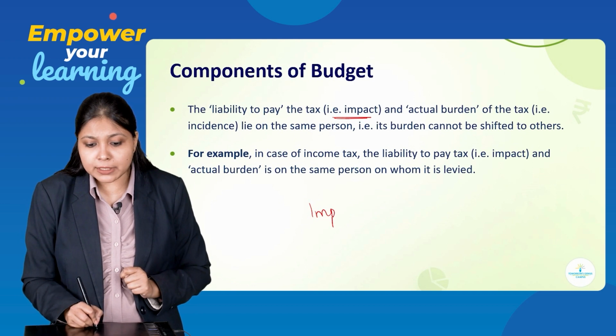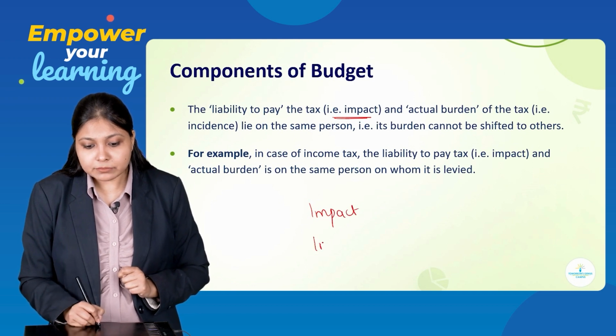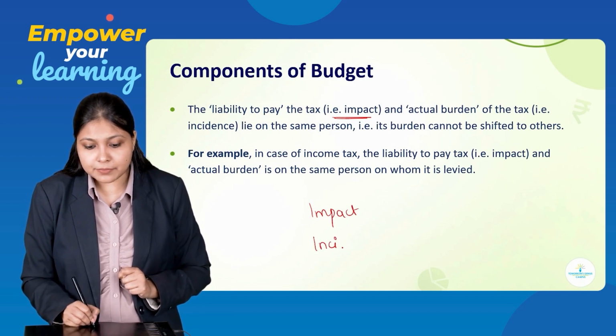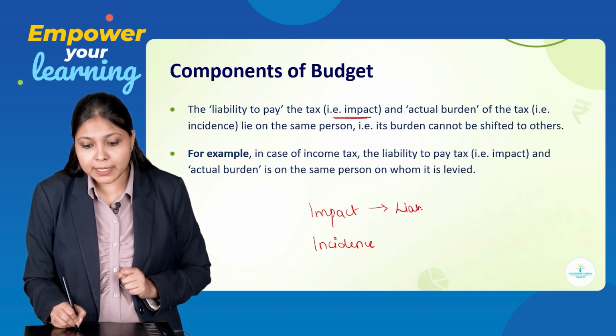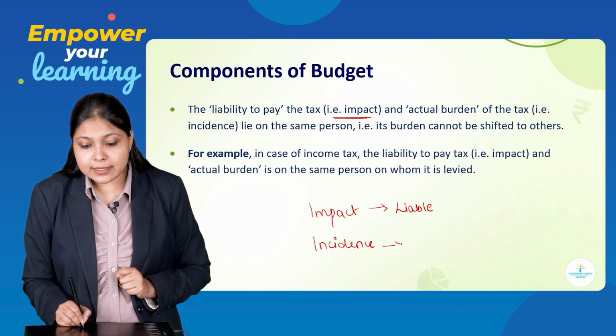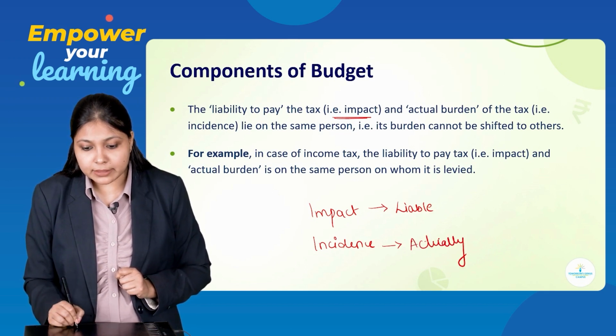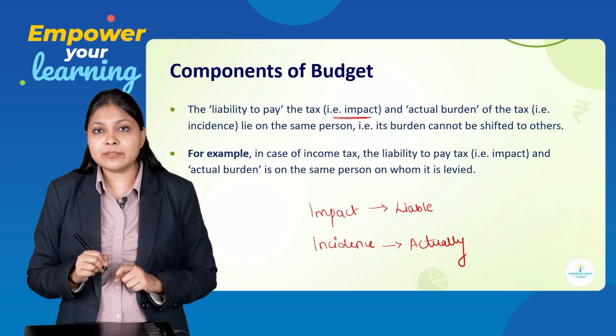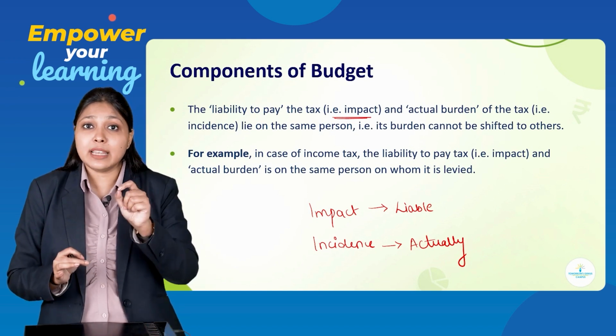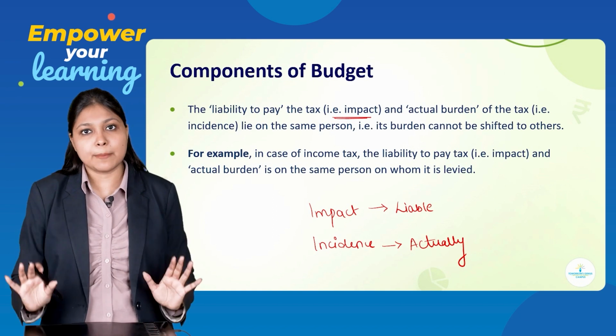Two very important terms: impact and incidence. Impact means the person who is liable to pay the tax, and incidence means the person who is actually paying the tax. Okay. So, when it comes to direct tax, the liable and the incident is the same person.